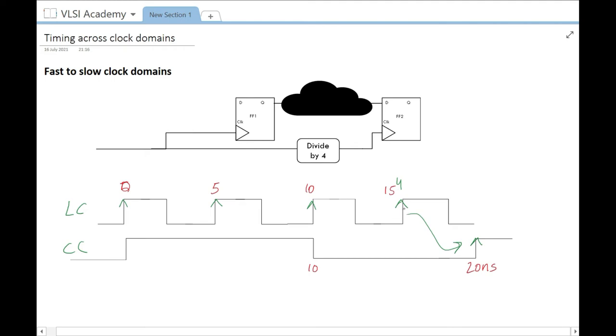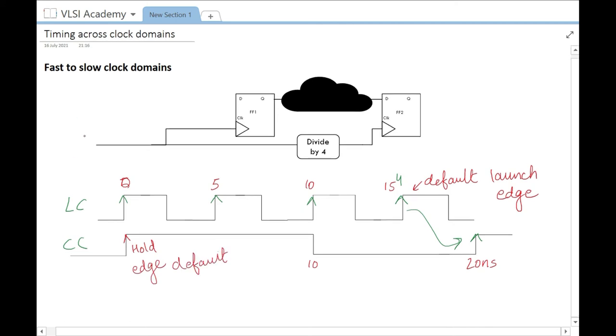And the data launched at 15 nanoseconds will be your most restrictive data, and by default it will check the data with respect to this edge. So this becomes your default launch edge. And by default hold will be checked at the previous rising edge of the capture, that is this edge. So this is your default hold edge.